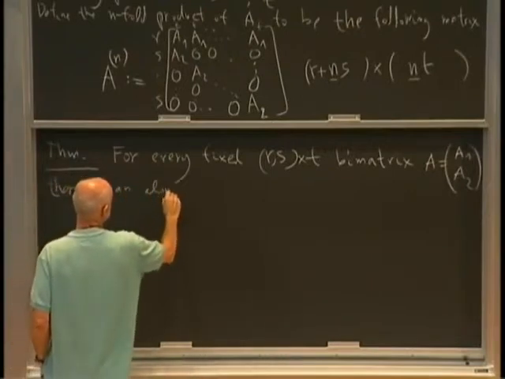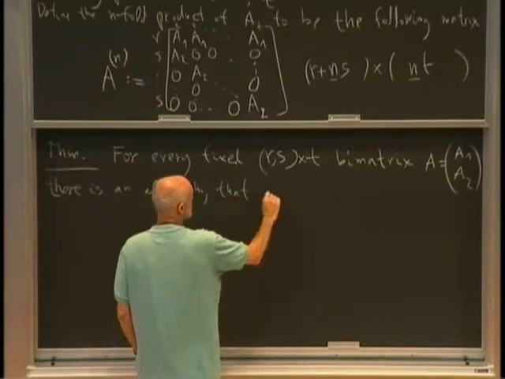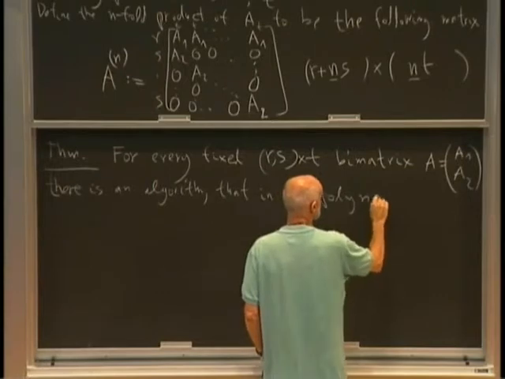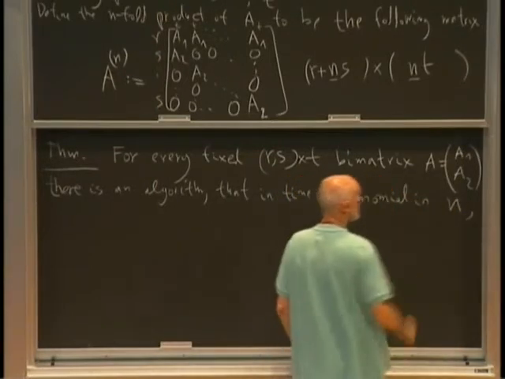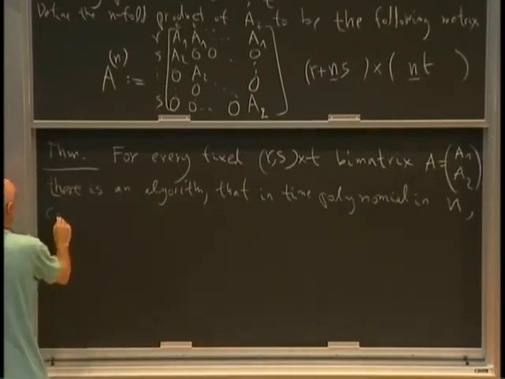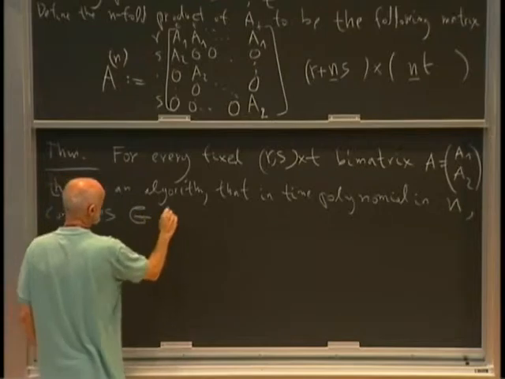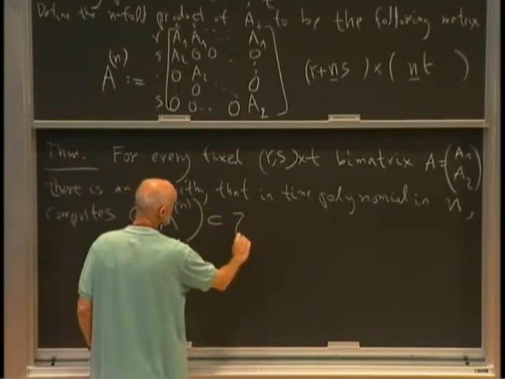There is an algorithm that in time polynomial in n, that's the unique input now, computes the Gradual Basis of the n-fold product, which again, let me remind you, is contained in Z and T.